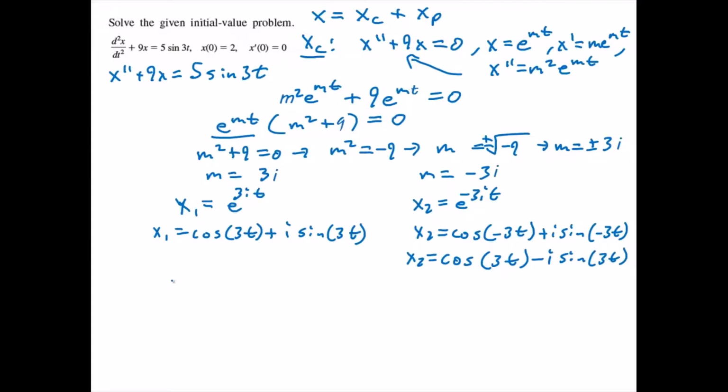And our complementary solution x sub c can be any linear combination of these functions, meaning that we can look at linear combinations of the cosine and the sine, telling us that we'll have something of the form c sub 1 times the cosine of 3t plus c sub 2 times the sine of 3t. So this is our complementary solution.